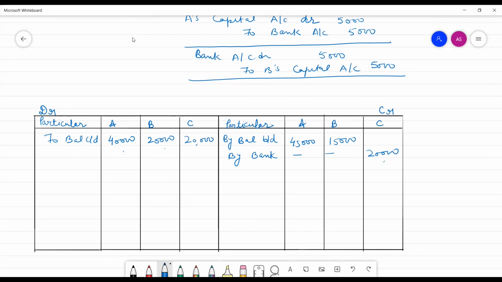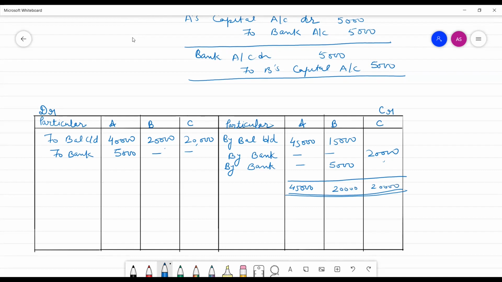So A's capital account debit to bank, A would take back 5,000, and B's capital is less, so B would bring capital, that is 5,000. Is it clear? These are the accounts of A, B, and C after adjustment: A's total 45,000, B's total 20,000, and C's total 20,000.